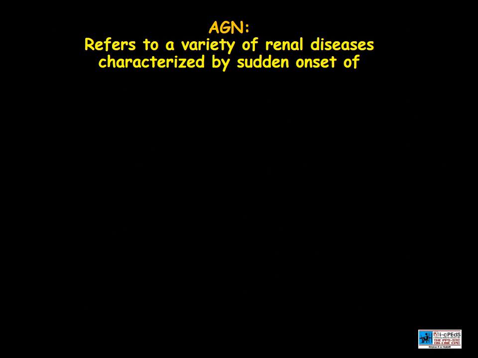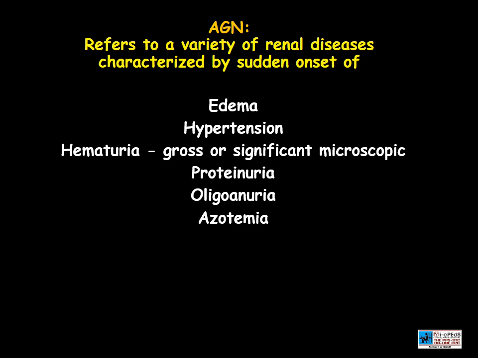Focus your attention now on acute glomerulonephritis, which is the main topic for this module. Acute glomerulonephritis refers to a variety of renal diseases characterized by sudden onset of edema, hypertension, hematuria, proteinuria, oligoanuria, or azotemia in a previously well child.